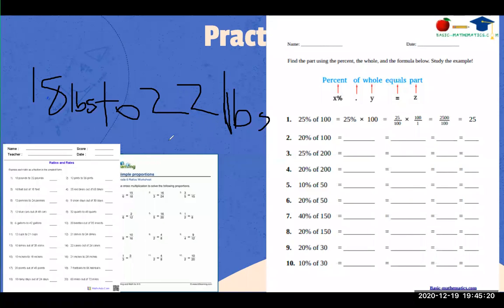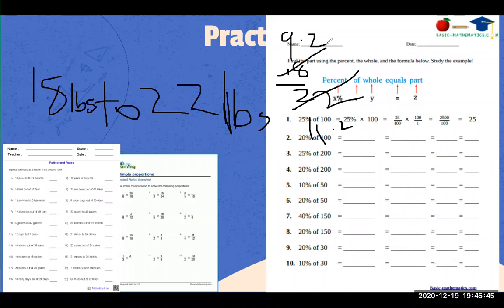And now we just have to turn this into a fraction. This as a fraction is 18 divided by 22. And if you simplify that, it's going to be 11 on the bottom. This is going to become 9. All I'm doing is factoring out a 2. See, 9 times 2 is 18. 11 times 2 is 22.